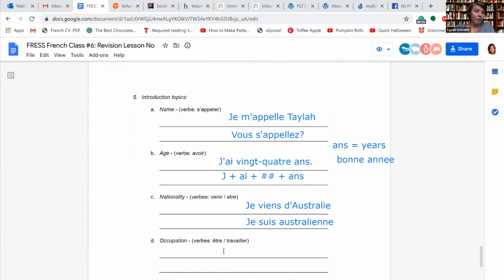Then you have occupation. So again, we use être. So je suis étudiante. Because I'm feminine, I have the e at the end. But if I was a man or male identifying, I would say je suis étudiant.